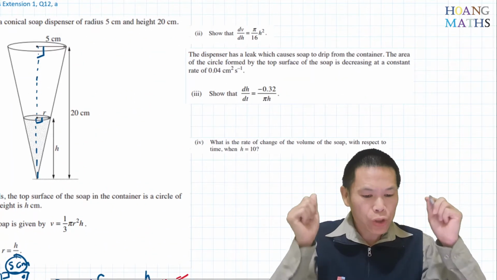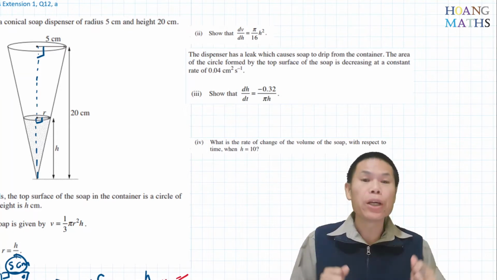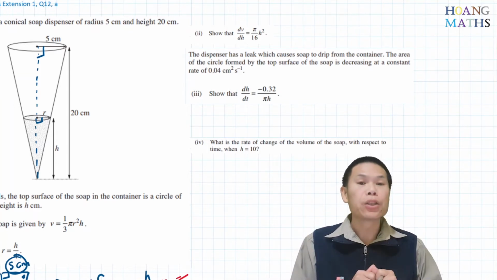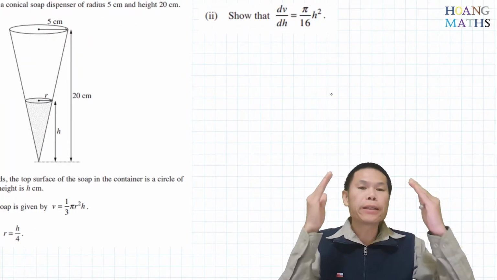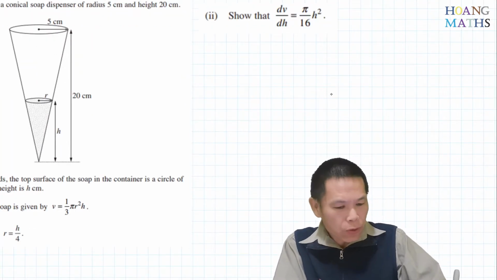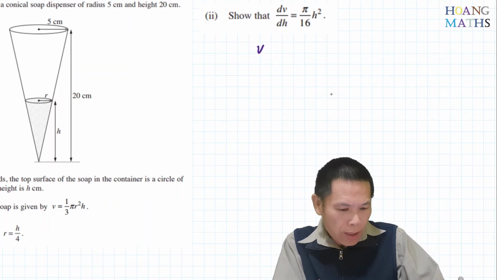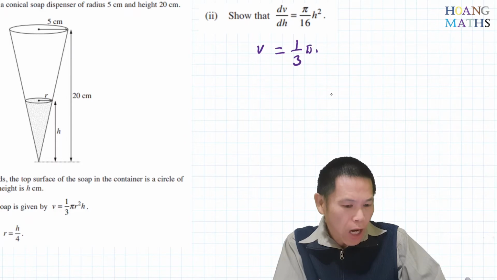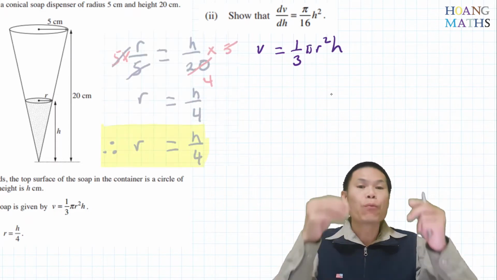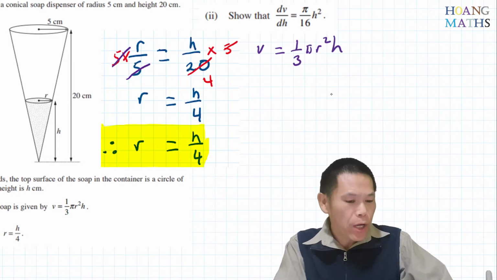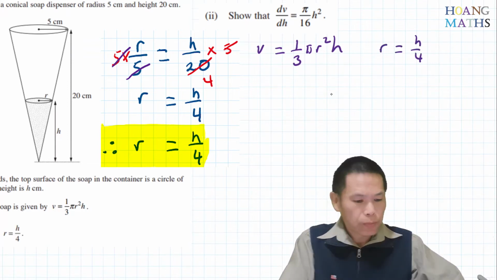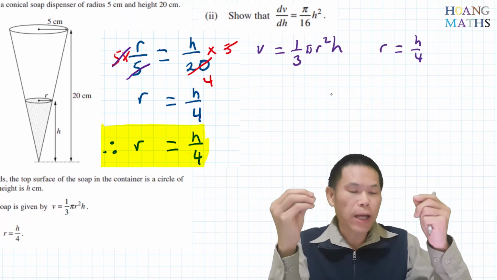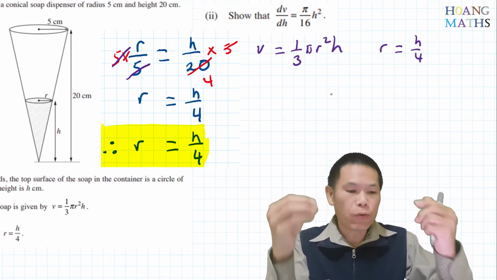Part 2. Show that dV/dh is equal to pi over 16 times h squared. To find dV/dh, first of all, we know the volume of a cone is 1 over 3 pi r squared h. From part 1, we know that the radius r equals h over 4, so we can just replace r with h over 4.